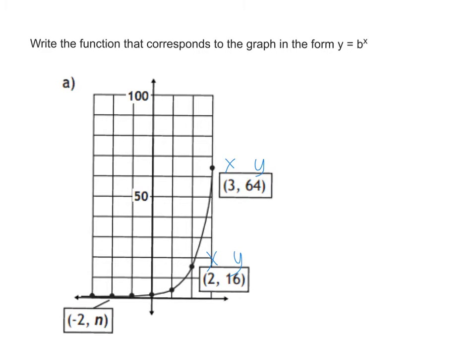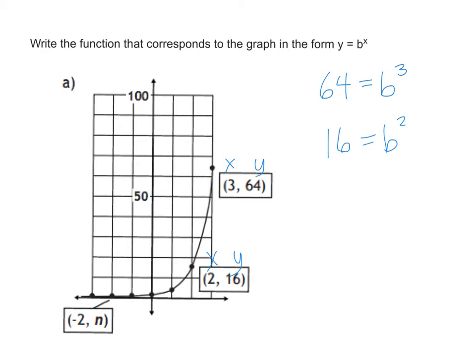So if I do use that equation and fill those in, 64 is equal to b to the power of 3, and 16 is equal to b to the power of 2. Can you figure out what b is? 4.